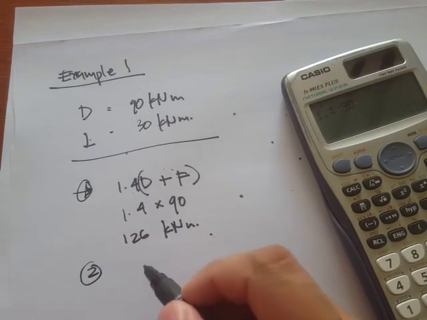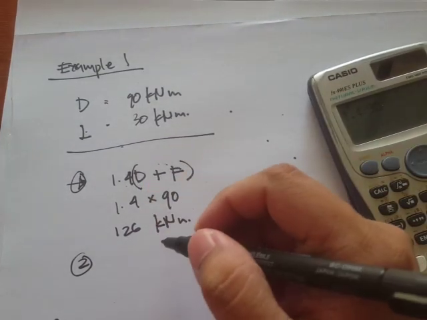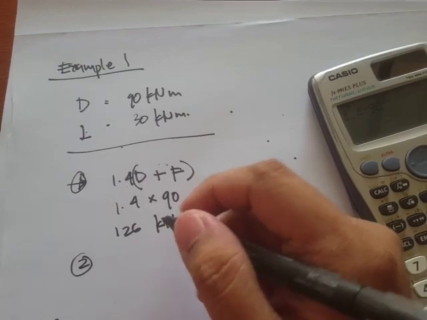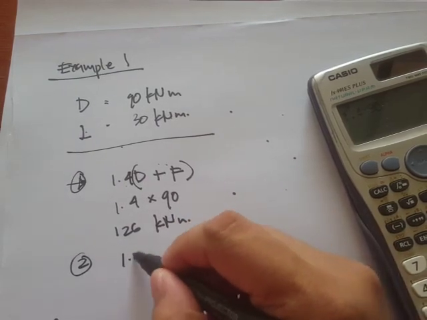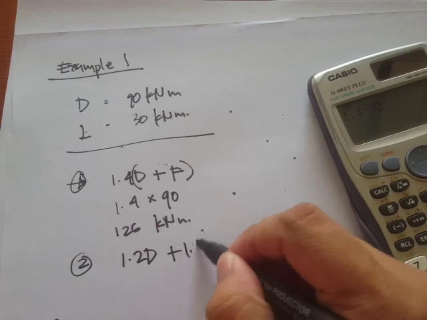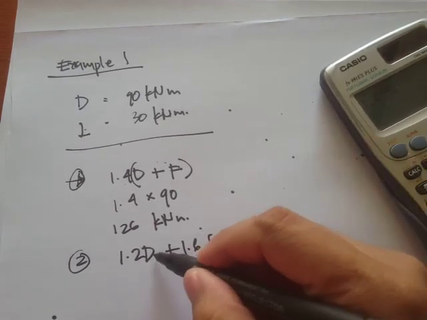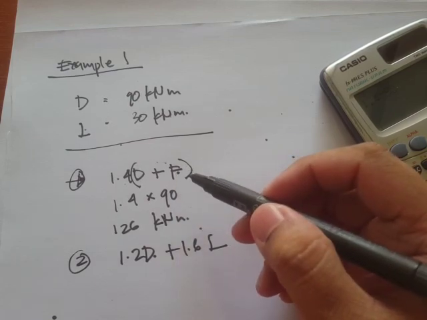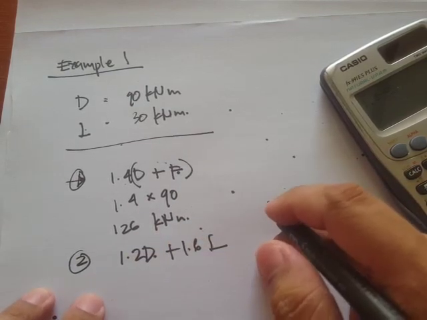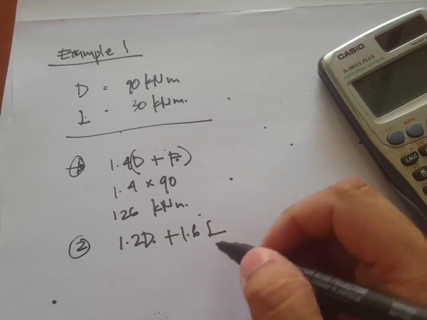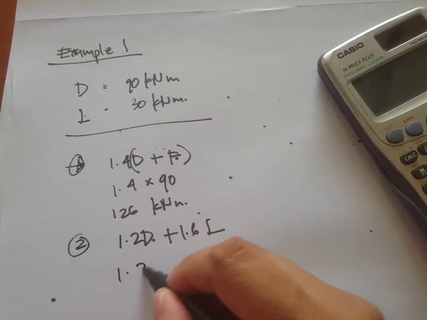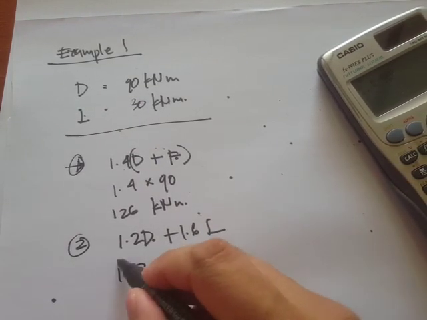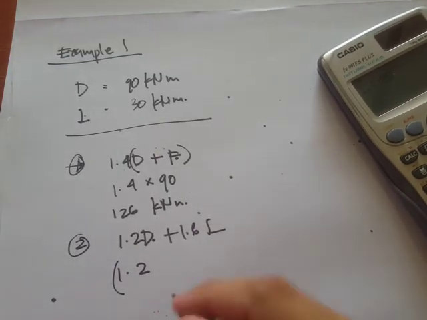Then next we'll check the second load combination. So we have a 1.2 dead plus 1.6 live. So take note, I just simplified since we don't have a flood load, we don't have a roof live loads and rain loads, then we can just write it this way. Okay, so 1.2 dead plus 1.6 live. So 1.2 times what's the dead?